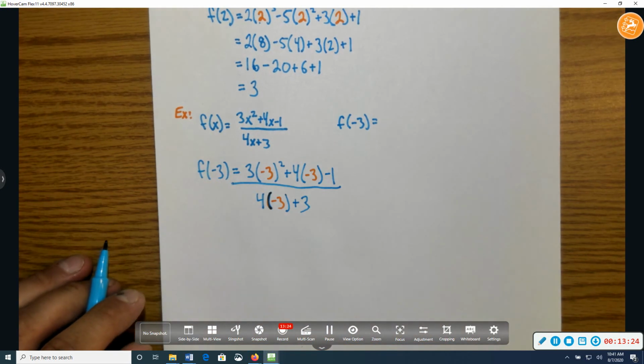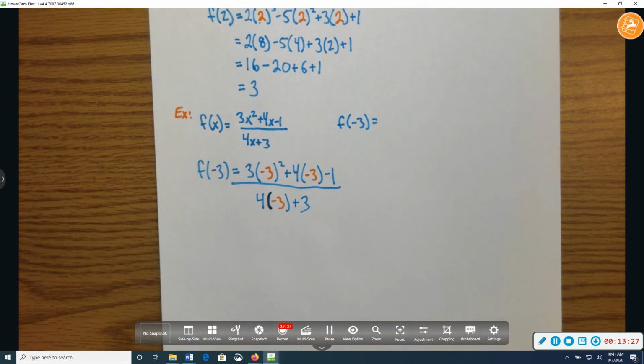And now we simplify. Remember, we want to simplify the top, simplify the bottom, and then divide if we can. If not, we'll just leave it as a fraction.